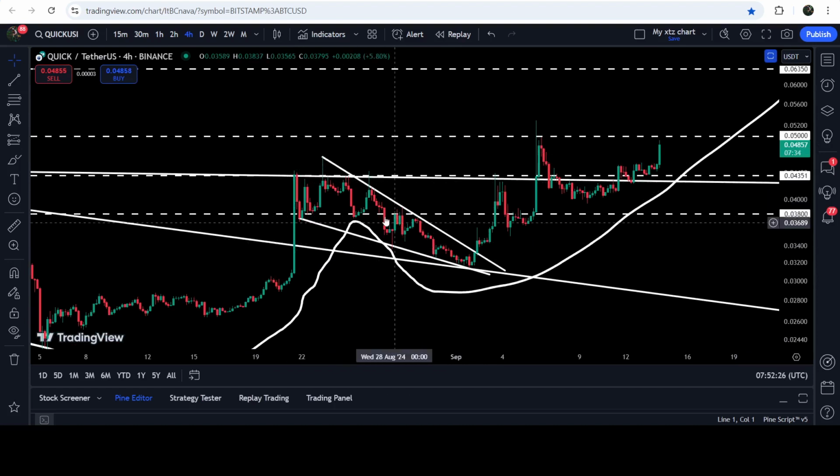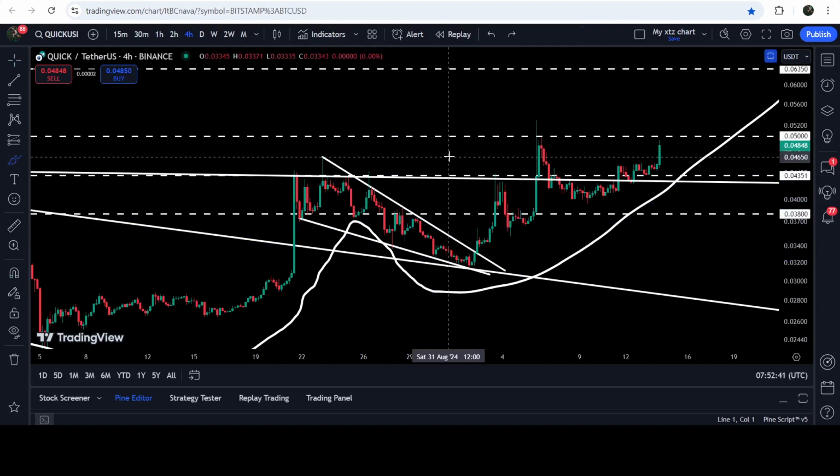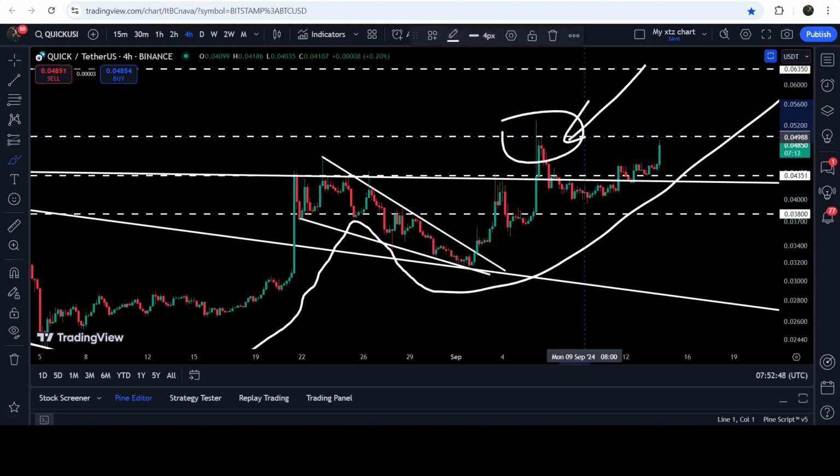This was a bullish wedge pattern, therefore I was telling you that there are more chances for the breakout. After getting squeezed inside this falling wedge pattern, the price finally broke out the resistance, and the target was at the top of the wedge, approximately 4.6 cents. The price then rallied beyond that target, but got rejected by this long-term resistance at approximately 5 cents.